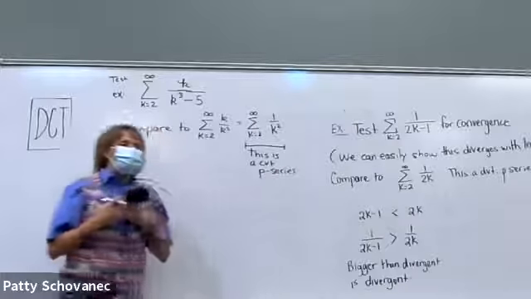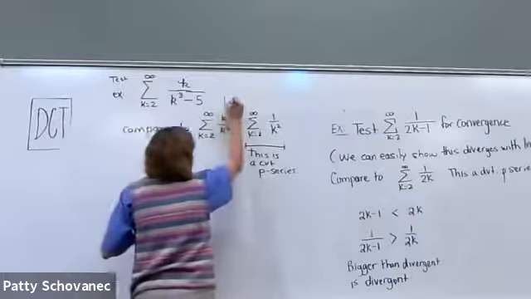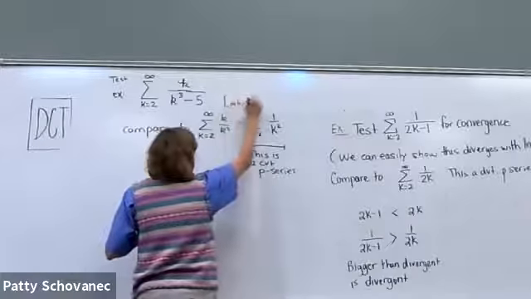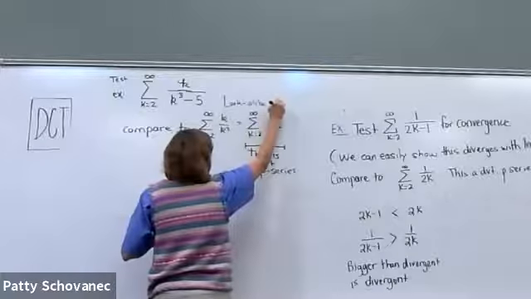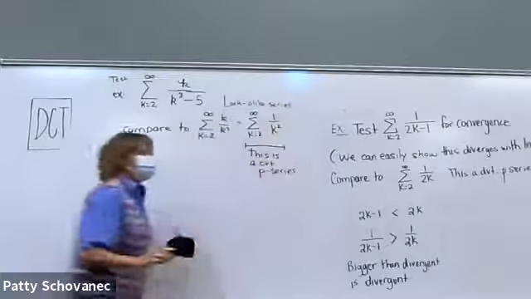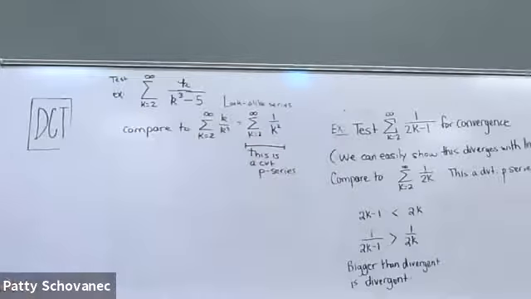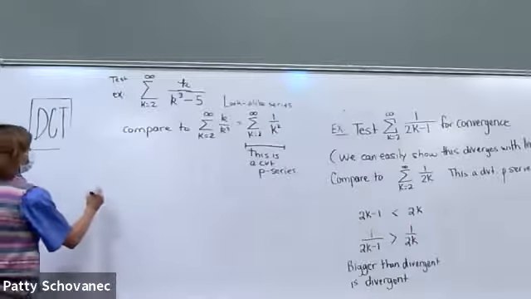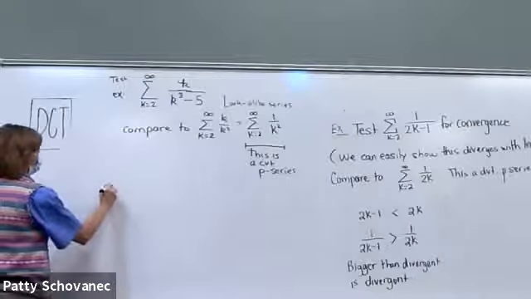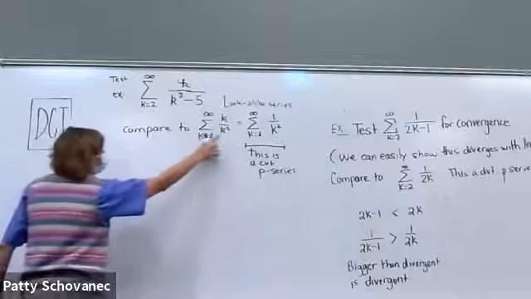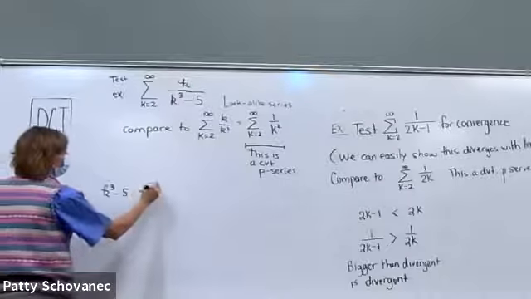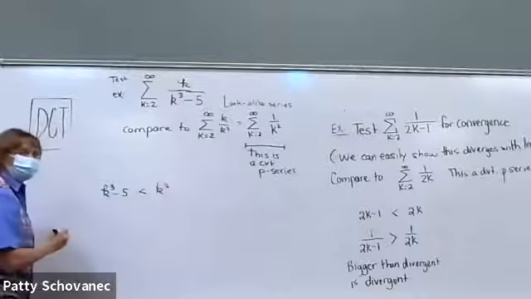So I picked my lookalike series. It's a convergent p series. So I need to see if my series that I'm testing has terms that are smaller than this convergent p series' terms. But when I look at my terms, k cubed -5 is a smaller number than k cubed.